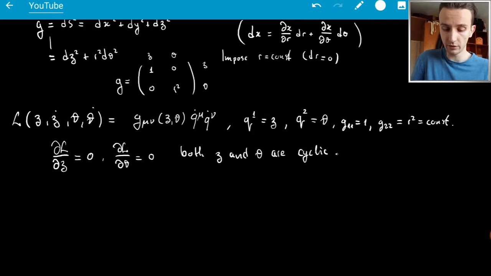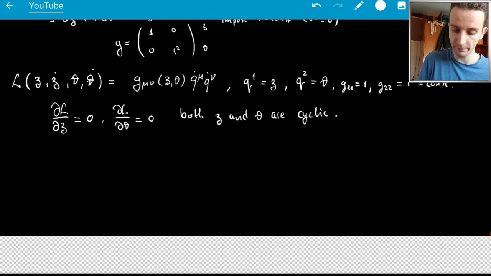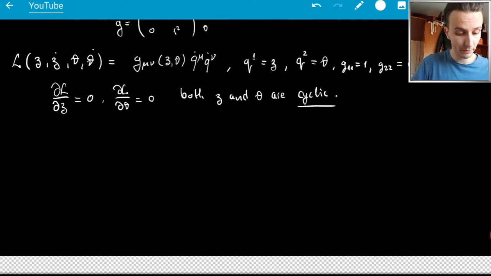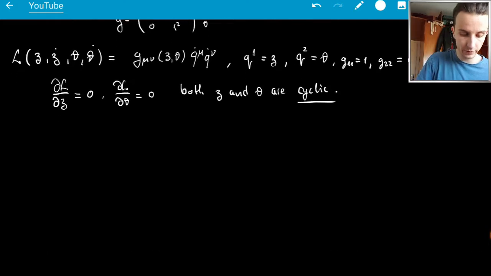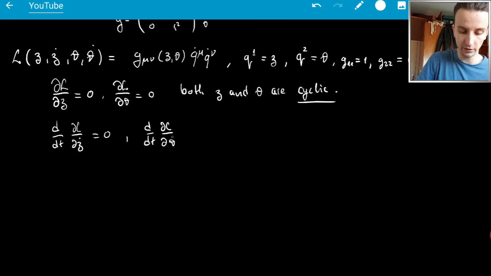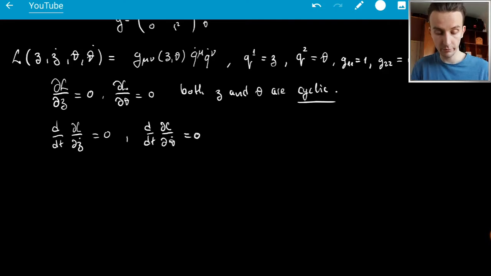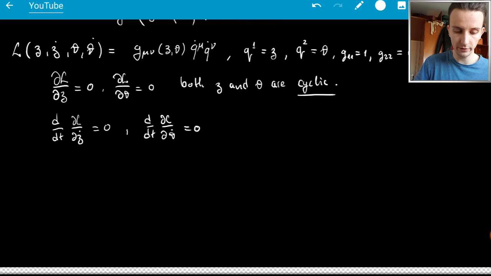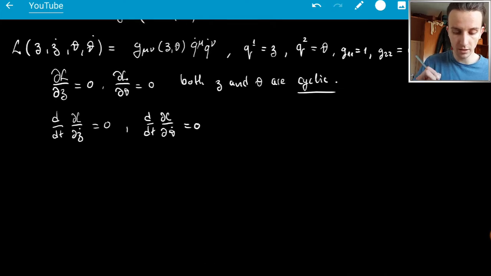They don't appear in the Lagrangian explicitly. It's just a fancy term. So what does that mean? It means that d by dt del L by del z dot is 0, and d by dt del L by del theta dot is 0, because that's on the other side of the equality in the Euler-Lagrange equations.